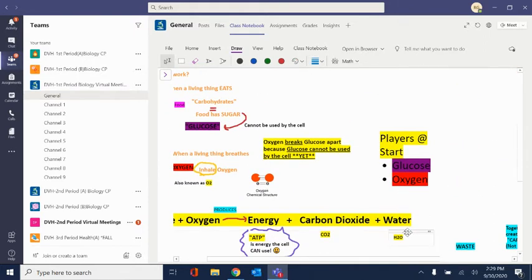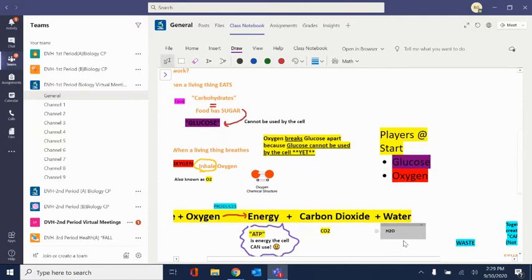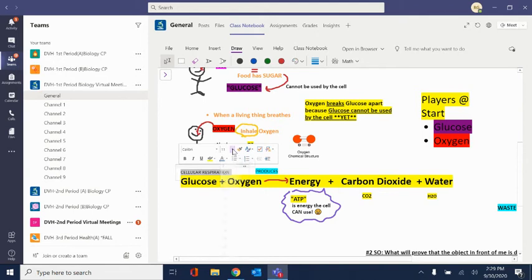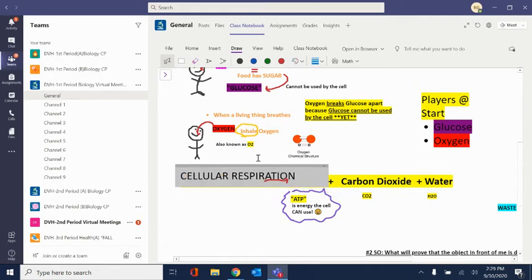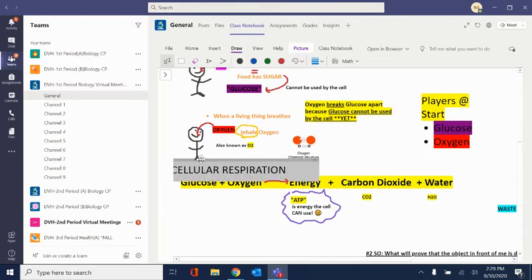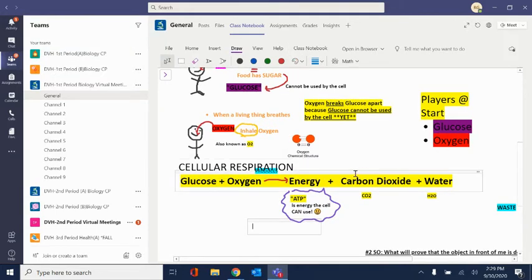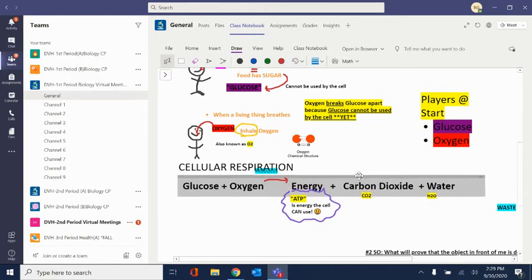Oops, goodness gracious me, it's not working. Okay, so one more time, this is cellular respiration. This whole process that I just explained is cellular respiration. I'm going to make it nice and large so you can see it really well. Oh my goodness, I didn't think it was going to be this difficult. Let's try this one more time.